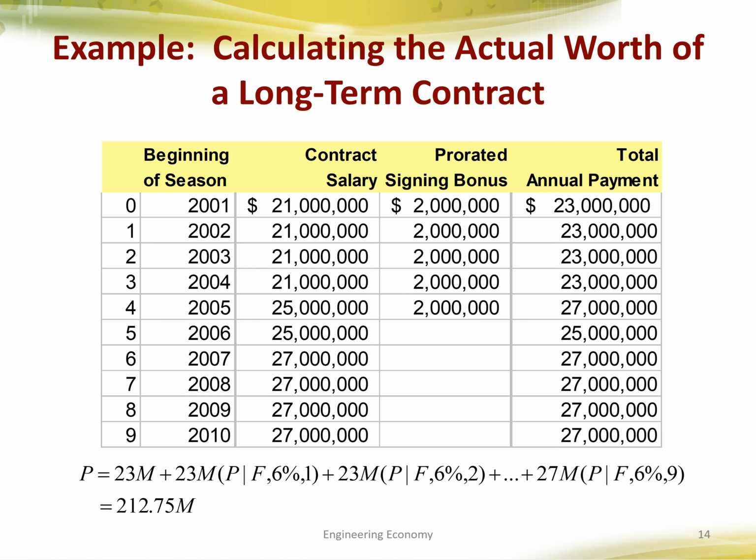So every one of them can be converted from the future to the present time, and adding them together to get 212.75 million. So that number gives us how much the long-term contract is worth at the present time. So it's a lot easier for us to conceptualize how much it's worth.